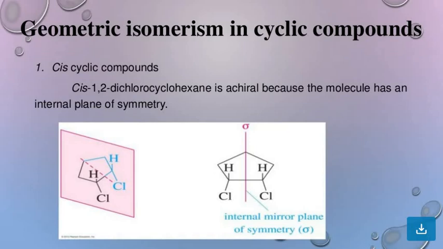Geometrical isomerism in cyclic compounds. Look at this example, cis-1,2-dichlorocyclohexane is achiral. Why is it achiral? Because the molecule has an internal plane of symmetry. Look at here, one line represented by sigma, which represents the internal mirror plane of symmetry.